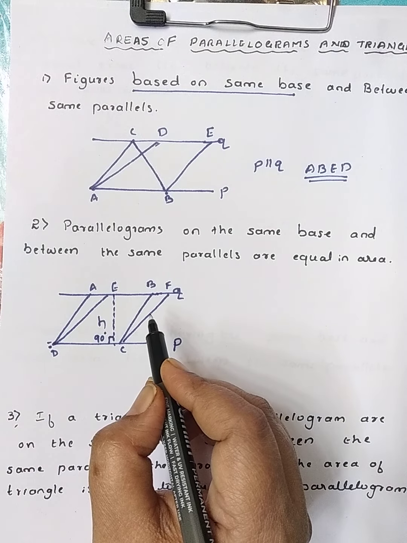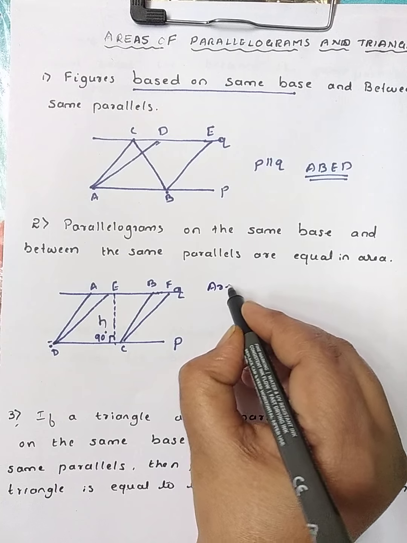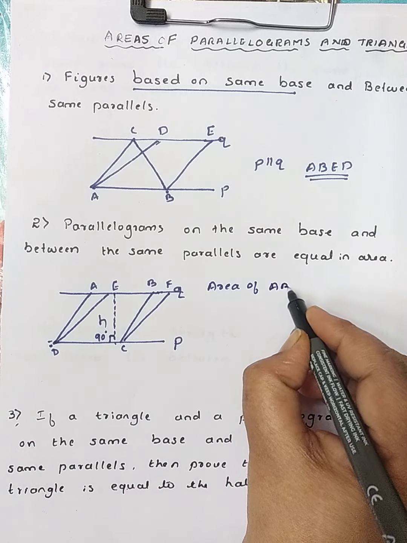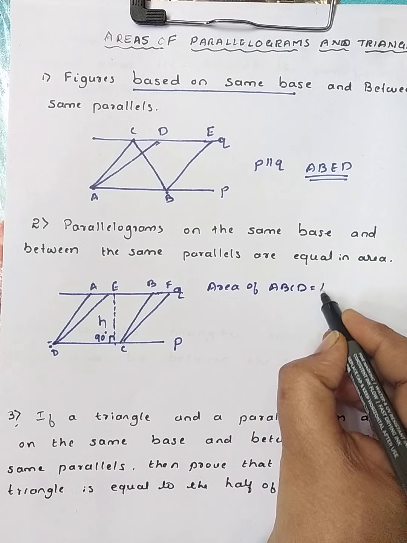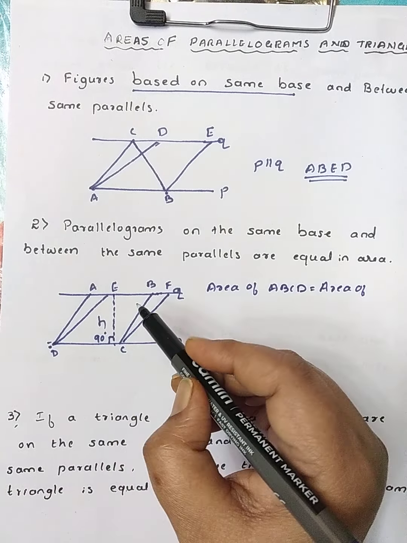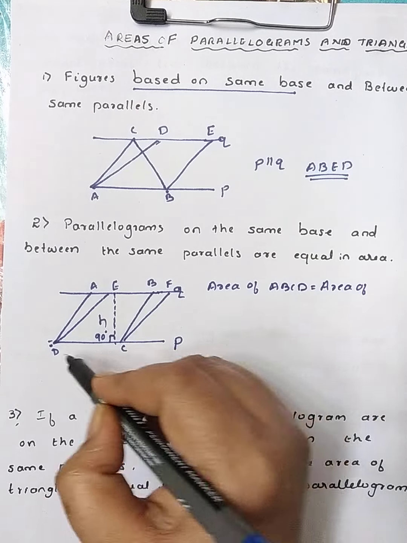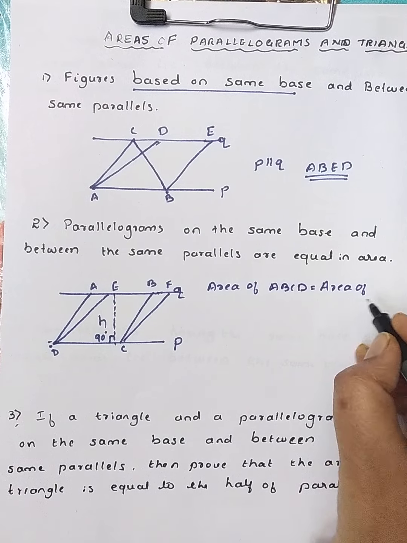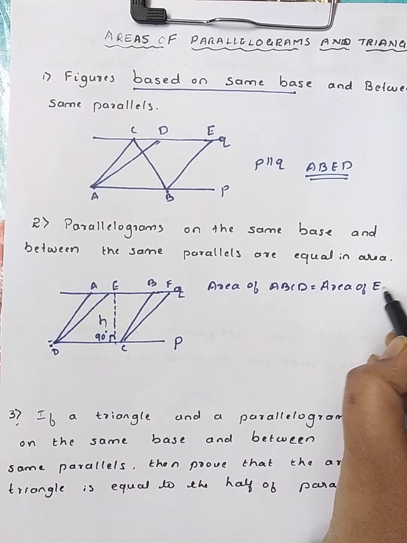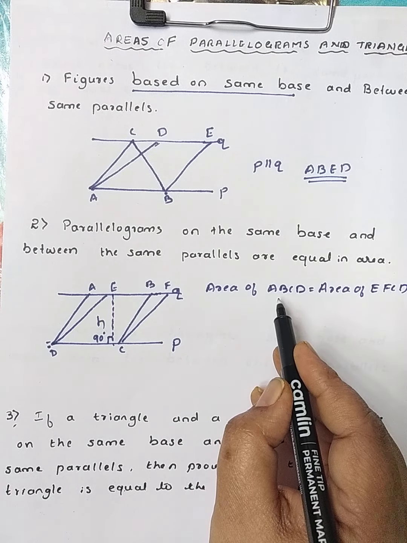So how can we prove that? The theorem states that the area of parallelogram ABCD is equal to the area of the other parallelogram EFCD, whatever you take. So what is the area of a parallelogram here?